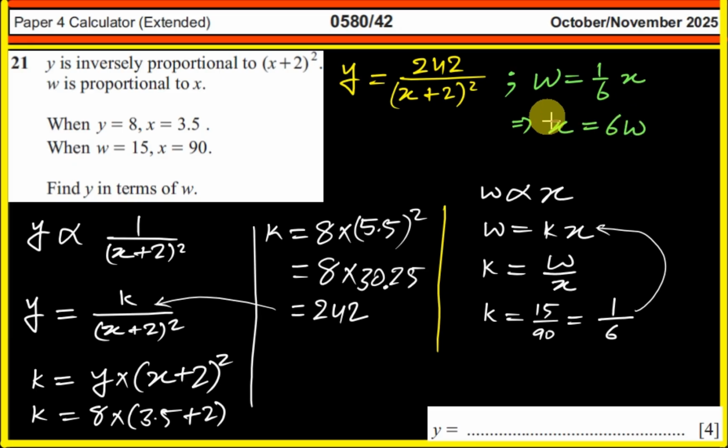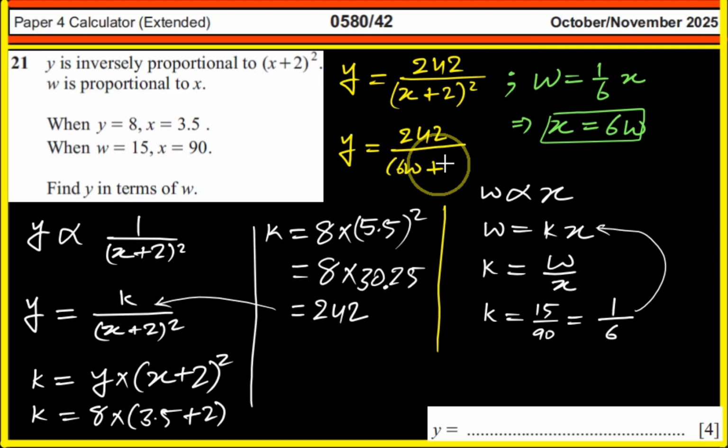Now if I replace this x is equal to 6w here, then we'll get y in terms of w. So y is equal to 242 upon (x plus 2) whole square. In the place of x, we write 6w, so (6w plus 2) and its whole square.